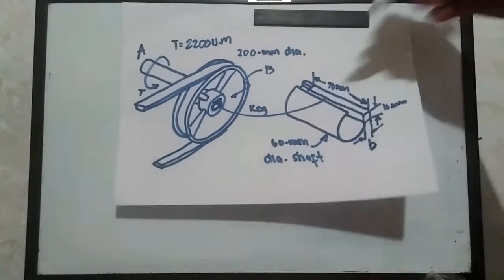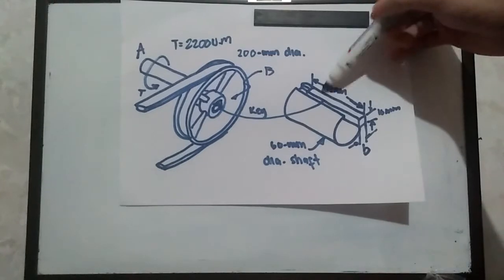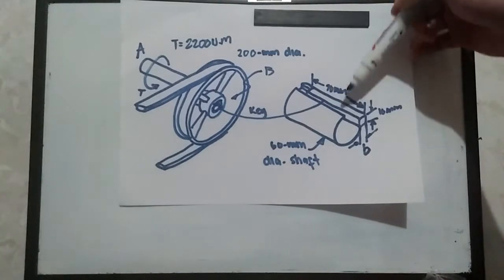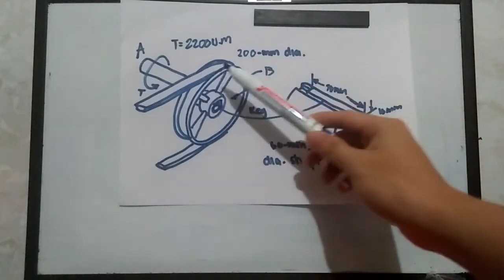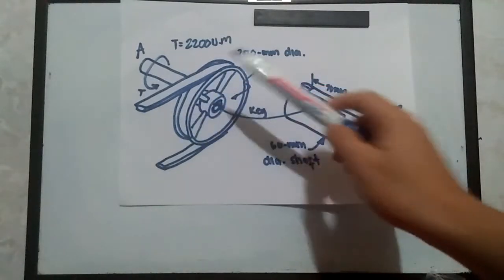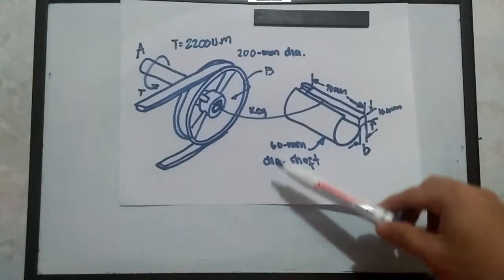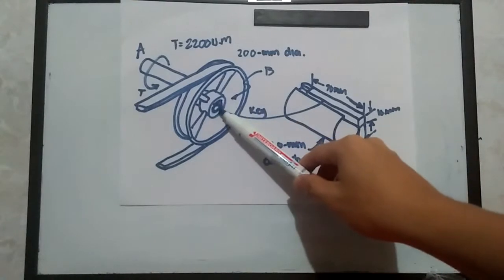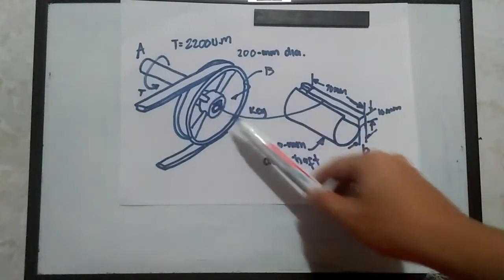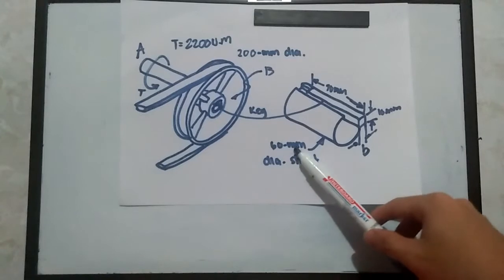We have this rectangular-shaped key that acts as a lock for this rotating mechanism. The diameter of the shaft, which is this one inside this outer ring, is 60 millimeters.